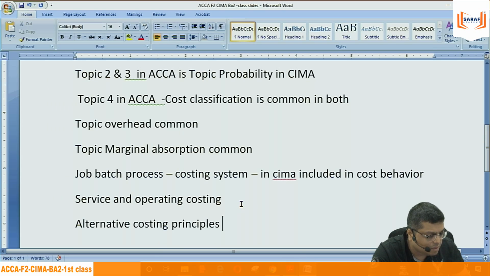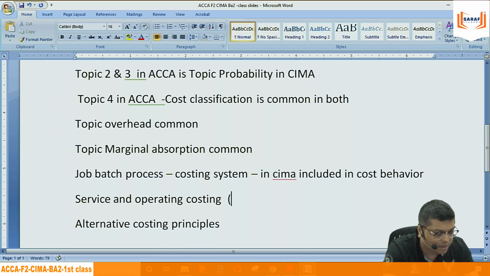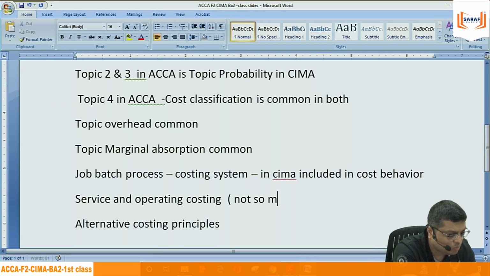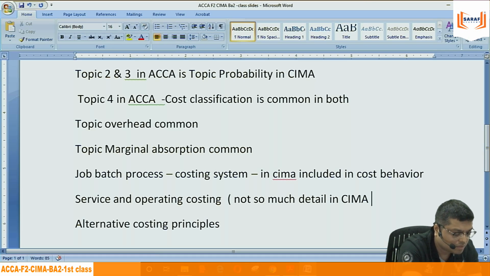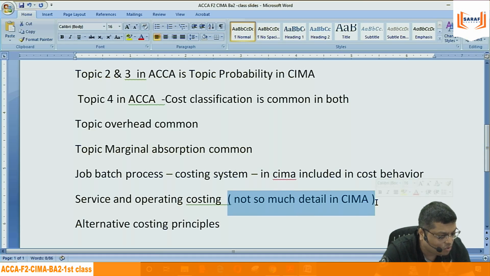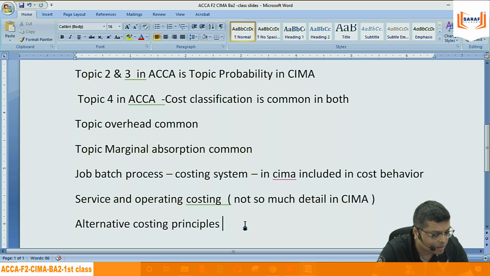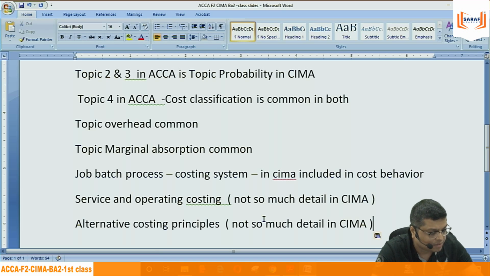It is there in CIMA, but I am writing for the time being, not in so much detail in CIMA. But it is included in one topic. I don't remember exactly in which topic, so for that reason I am not writing.